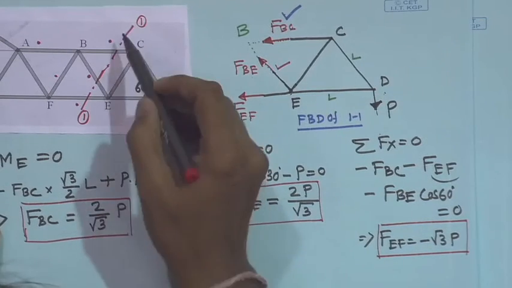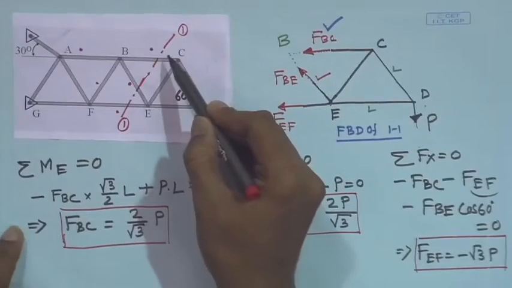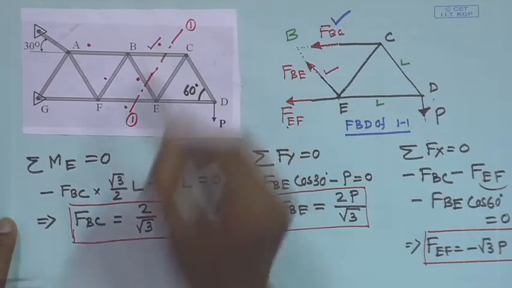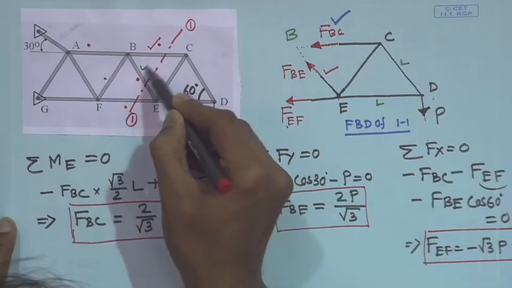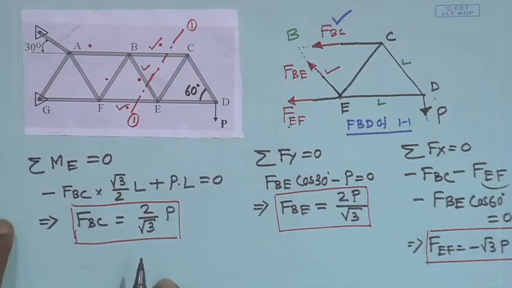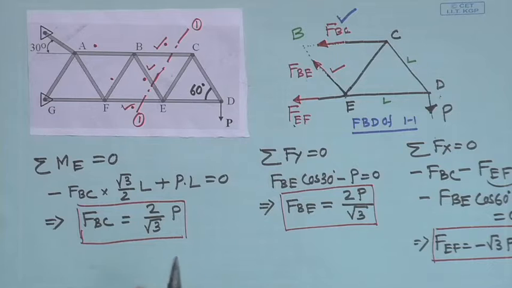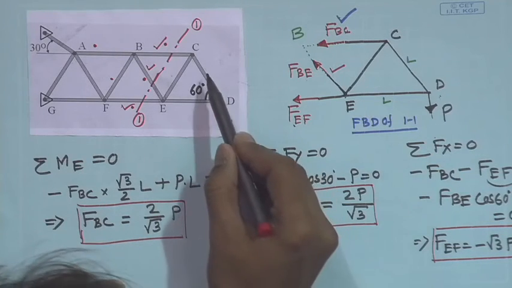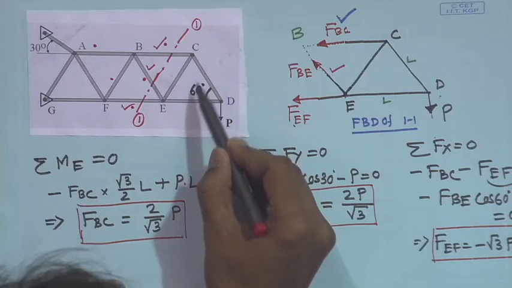So, just by considering one section, we could determine the forces in member BC, member BE, and member EF. Now, if you had to determine these member forces using the method of joints, at least for this problem, first you had to consider this joint and calculate forces in this and this member.